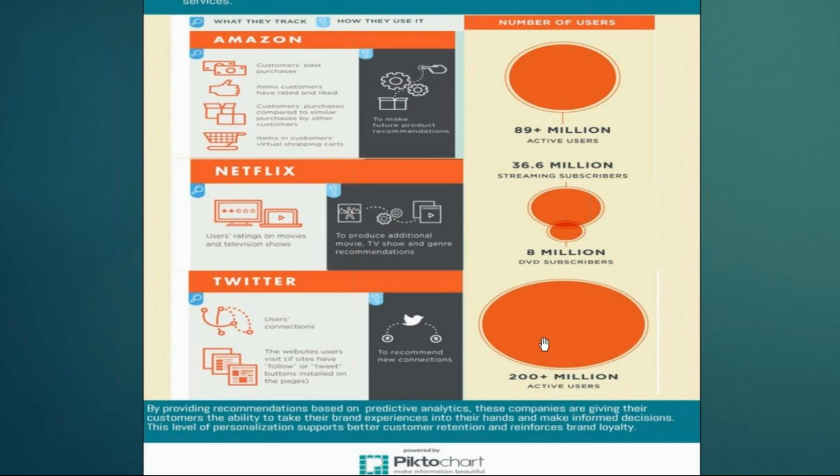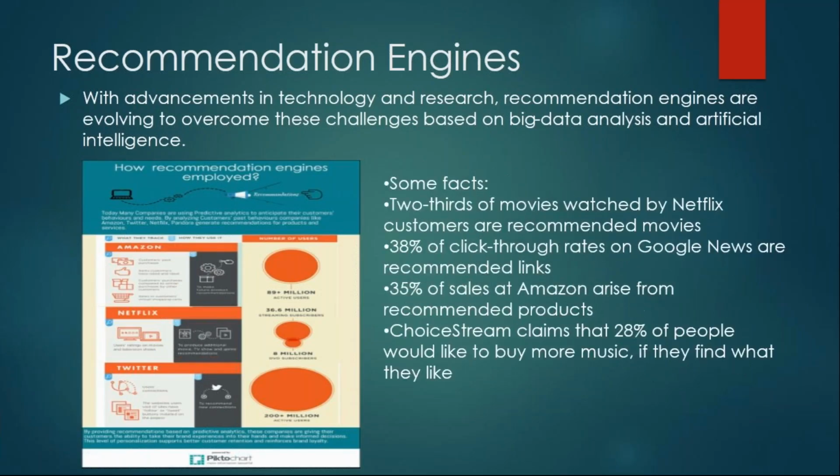By providing recommendations based on predictive analytics, these companies give their customers the ability to take the brand experience into their own hands and make informed decisions. This level of personalization supports customer retention and reinforces brand loyalty. Some facts: two-thirds of movies watched are recommended movies, and there is a 30% click-through rate on Google News recommendations or recommended websites, and so on.